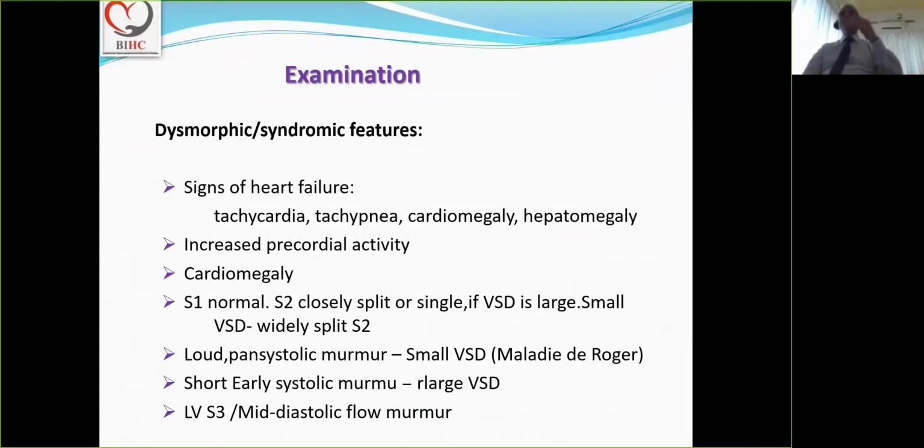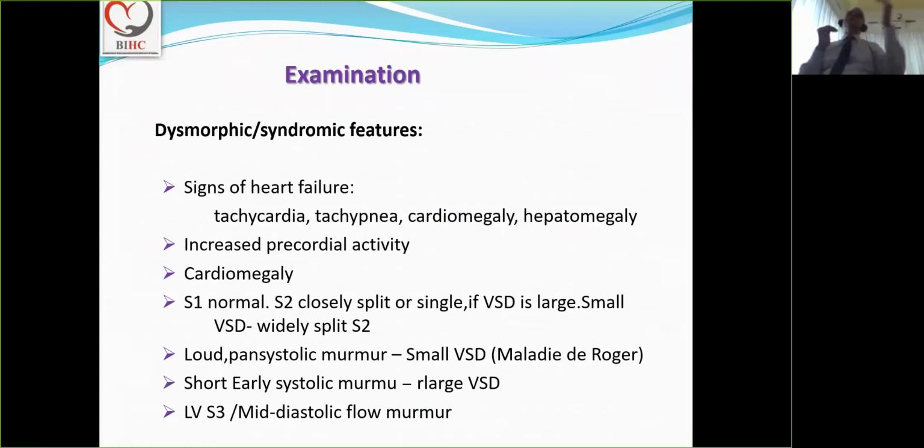In the larger VSD, on clinical examination, it's a short early systolic murmur. It is a short early systolic murmur because in a large VSD also, as the LV starts pumping, there is a short period in systole when the LV pressure is higher than the RV.